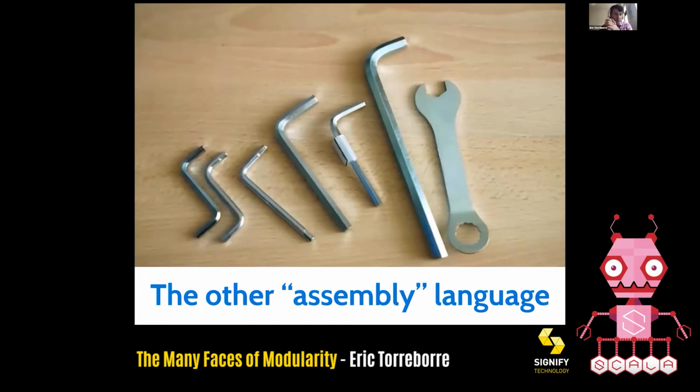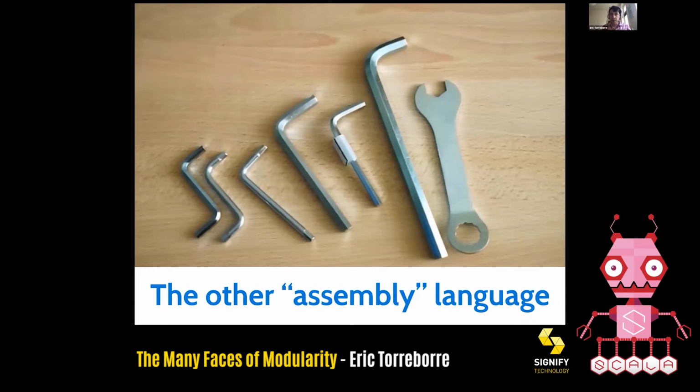Another problem about modularity that people don't often talk about, but which I find is very real, is that we have ways to describe components, basically based on the idea of having interfaces, implementations, dependencies, configuration, specifications for those components and so on.